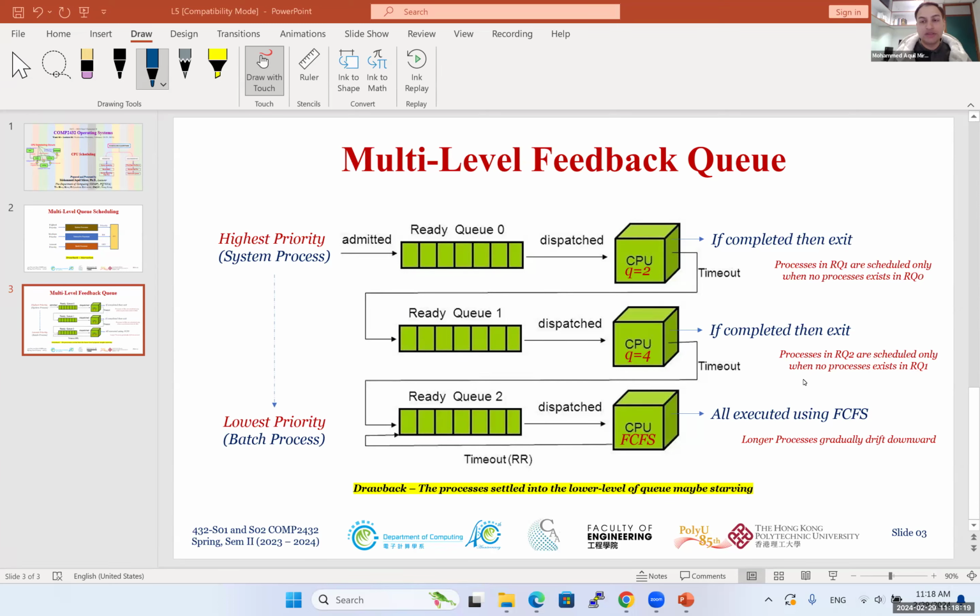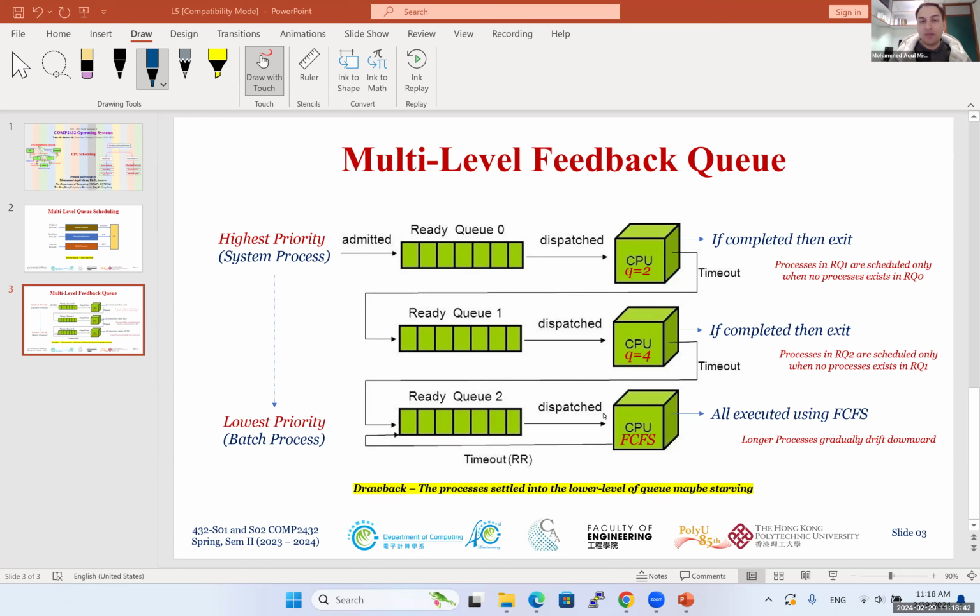So you need to finish processing all the processes in ready queue 0, and then ready queue 1 will start processing its processes. Once there are no processes for execution in ready queue 0 and ready queue 1, then ready queue 2 will start executing.